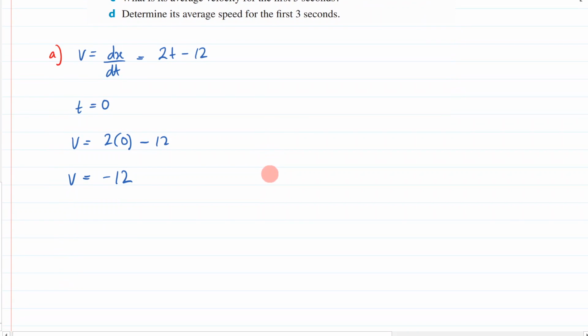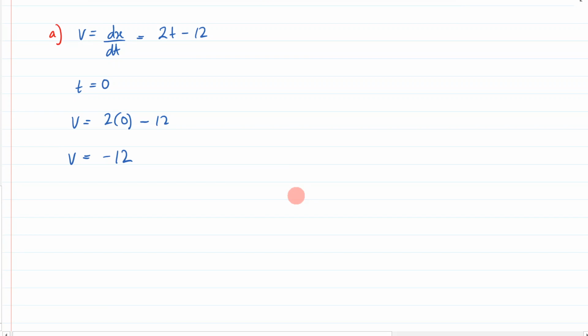Now, it's important that we don't just generate numbers, but we also explain what they mean. So what does this velocity being equal to negative 12 mean? It means the particle is moving to the left.